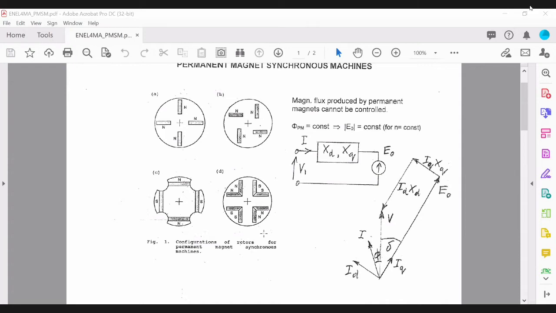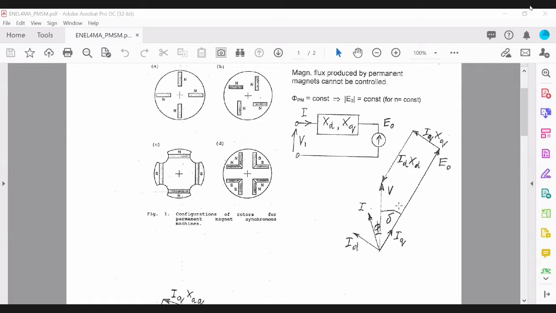So as you can see, there are different configurations for the permanent magnet synchronous machine rotors in terms of placement of the permanent magnets in the rotor circuit.